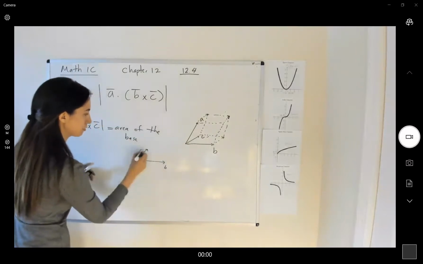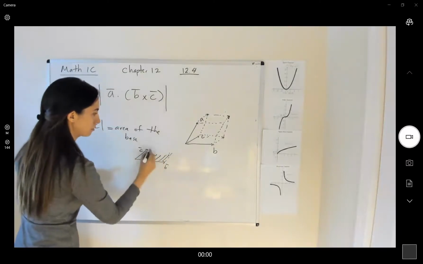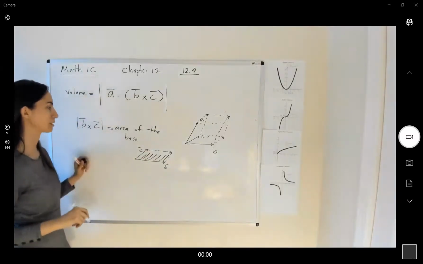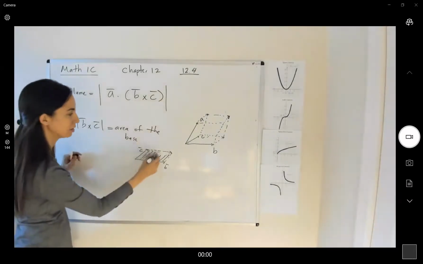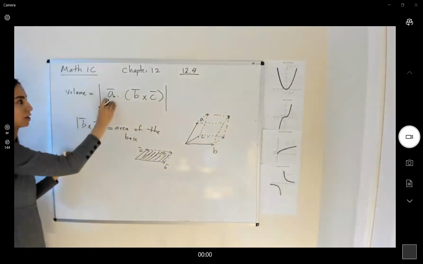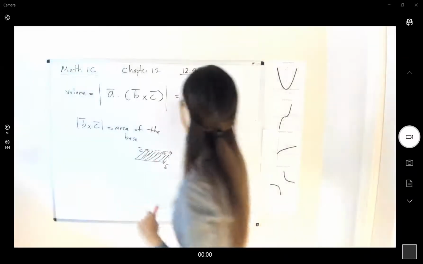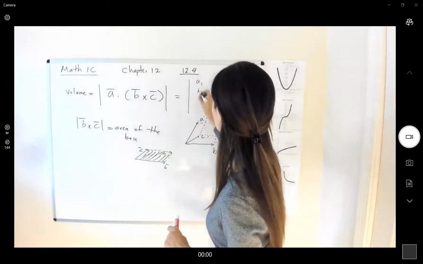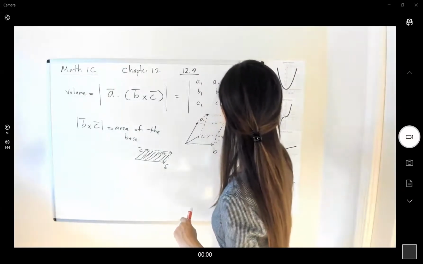This is B, and this is C. Again, don't forget it's the magnitude. Otherwise, if you just form B cross C, it's just a vector. But if you find the magnitude, it's going to be the area of this two-dimensional object down here. And to find the volume, we need to find A dot B cross C. Sometimes you can write it this way: the determinant of A1, A2, A3, B1, B2, B3, C1, C2, C3.